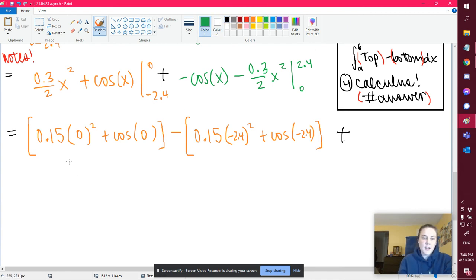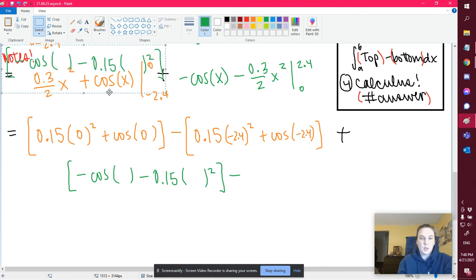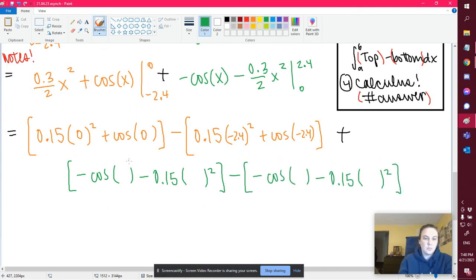And then we're going to add the same thing but in green, right? This is the negative cosine of something minus 0.15 something squared, minus the same thing but plugging in the other number. Here we're going to plug in 2.4 first because it's the top bound, and then we'll plug in 0 next because it's the bottom bound.